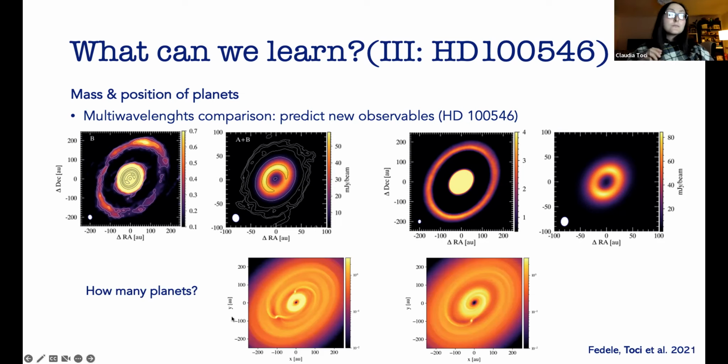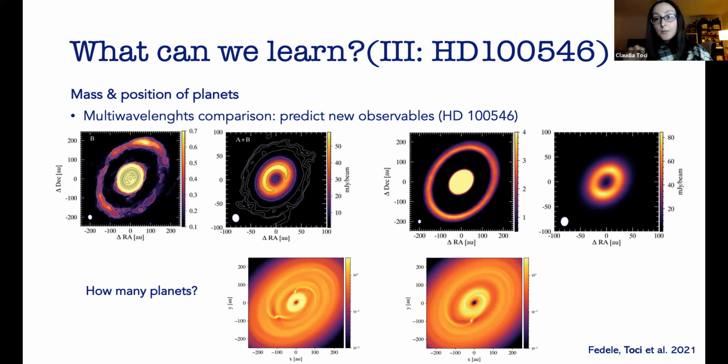And again, you can infer the mass and position of the planets by comparing your simulations with the observations, but you may also try to test your models by devising new observations. For example, if you have one single planet, it has to be kind of massive, so it may also open a gap in the dust and in the gas, and so you may observe it.